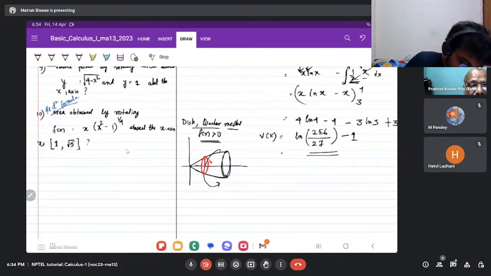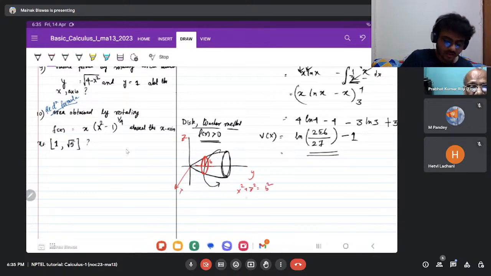So whatever you have, x comma y would be a circle. Here this is x, this is y, and this is z. So this circle is in the xz plane, so you will have x square plus z square equal to b square. Do you agree?